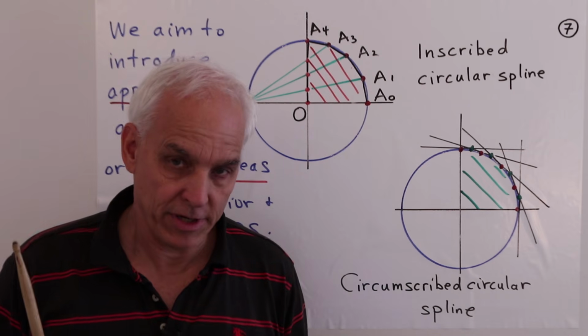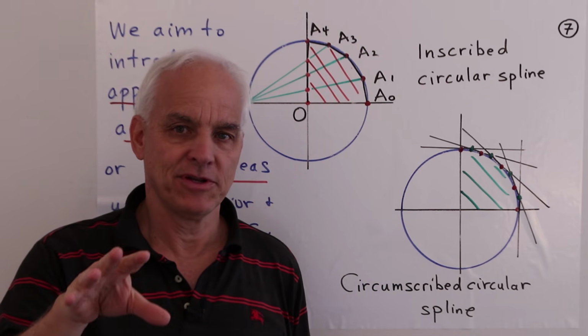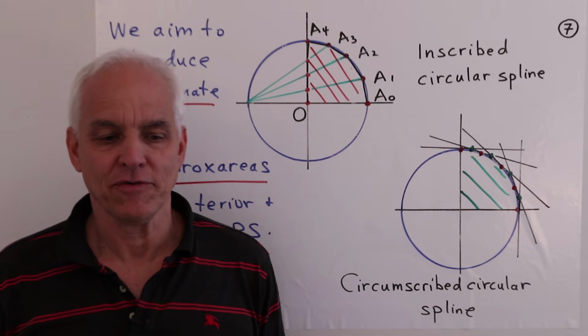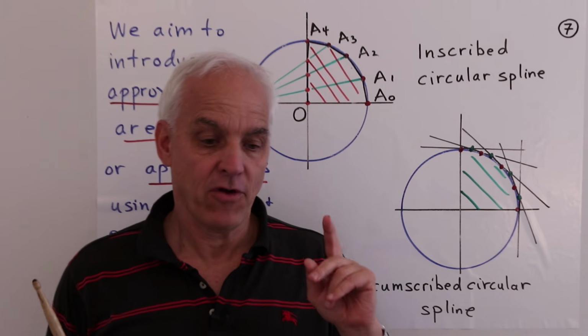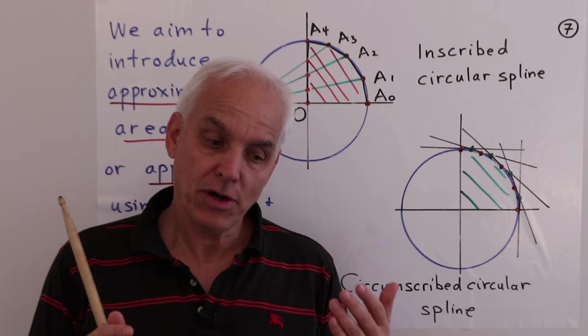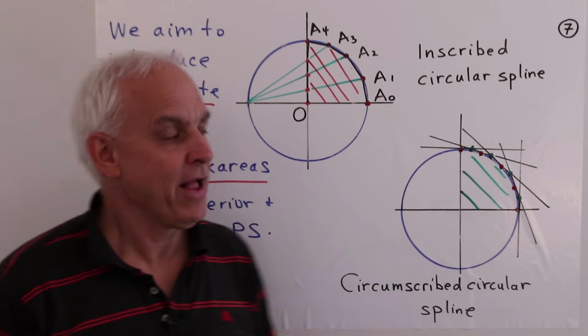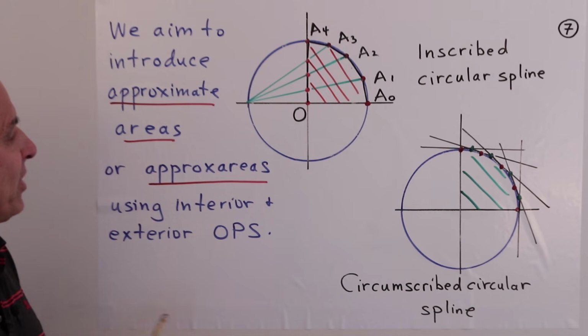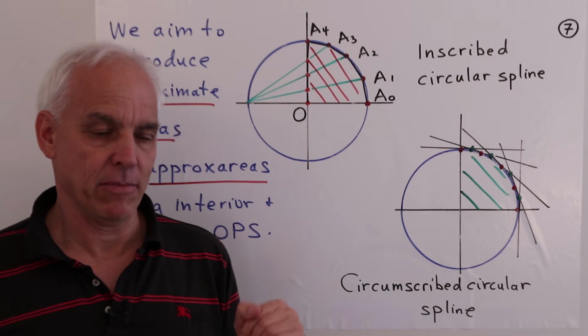Since this is such an important calculation historically and theoretically, we want to also attempt to get at the area of a circle. But we're going to have a different point of view in two different ways. First of all, we're not going to assume that there is a well-defined notion of area. And we're going to take a more applied point of view, and maybe a less ambitious point of view, and restrict ourselves to the idea of trying to get approximate areas, very much along the lines of Archimedes.